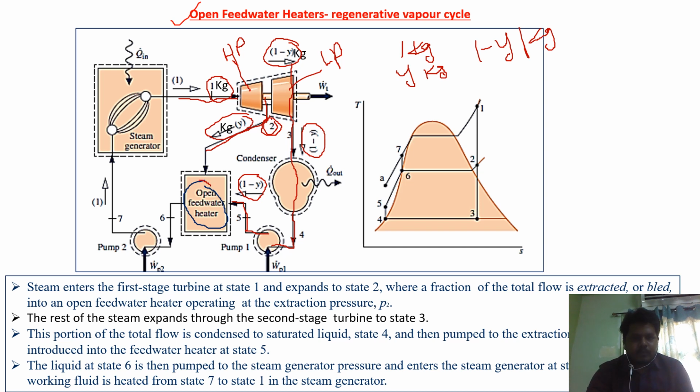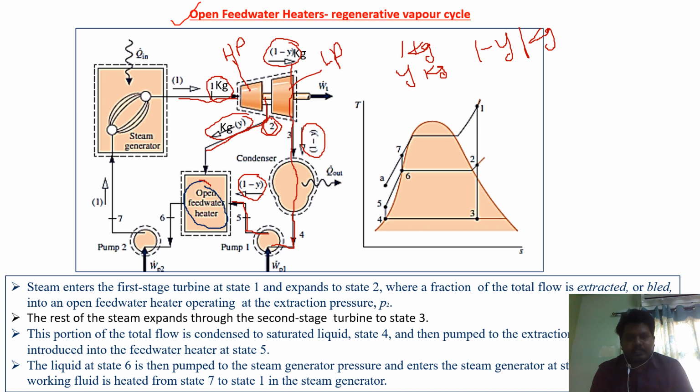The function of the open feed water heater is that it is like a heat exchanger, but this heat exchanger is a direct contact type heat exchanger, which means both the extracted steam and the condensed water will mix directly in the open feed water heater.